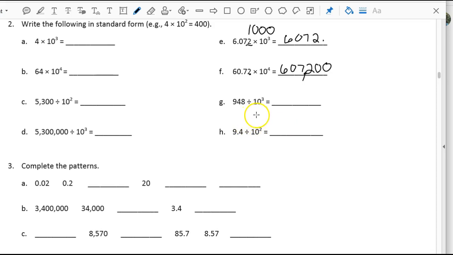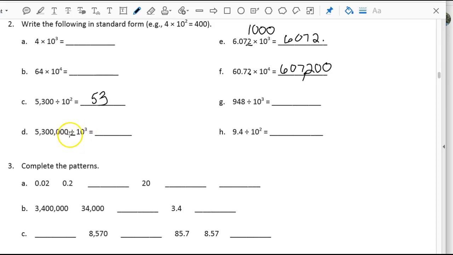The opposite of that is dividing. So in this case, the 0 right here is going to lose 2 place values. So our decimal will be right after the 3. So it's going to become 53. This one also, according to this, is going to divide, lose how many place values? 3.